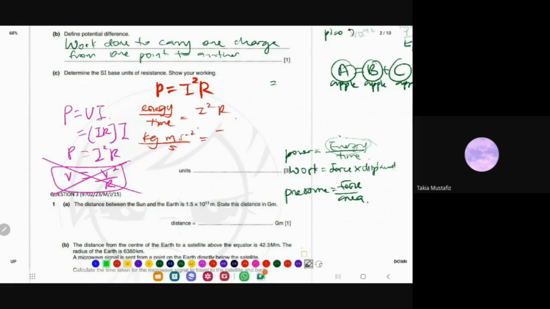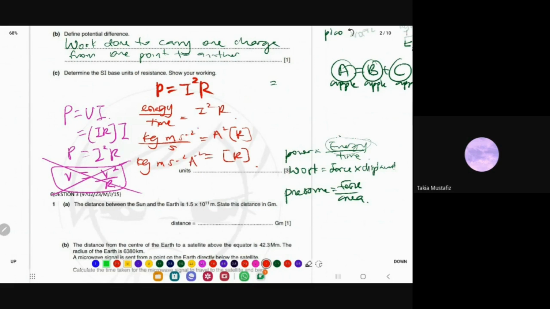The unit for I is ampere, is it the base unit? Yes. Squared. And I want to find R. So I'll get kg m squared s to the power of -3 divided by ampere squared, correct? So I put it in index form, it becomes ampere to the power of -2. That's it.